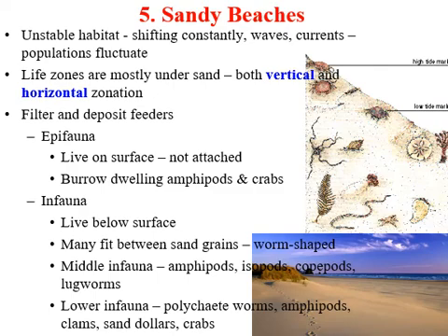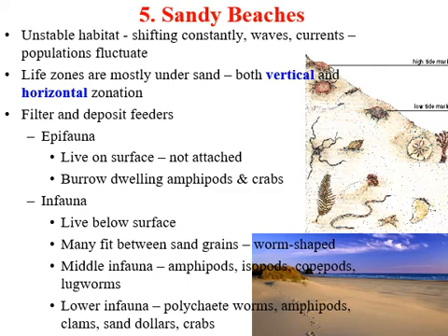But with sandy beaches, we'll see the same thing with coral reefs. There's not just horizontal zonation, but there's vertical zonation as well. If you go from the surface deeper and deeper into the sand, it gets wetter, it's less prone to drying out, and so it doesn't extend really deep into the sand, but there's vertical zonation in the sandy beach as well as horizontal zonation.